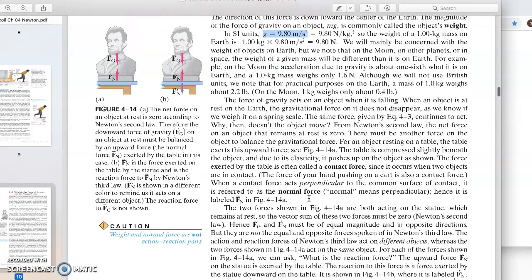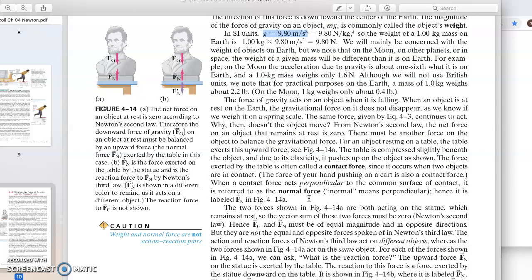Now, when we place an object on a table, what is happening? Basically, there is already a force of gravity on that object, which is always downward, always downward. As a reaction, there is a force exerted by the table itself or the surface on that body.